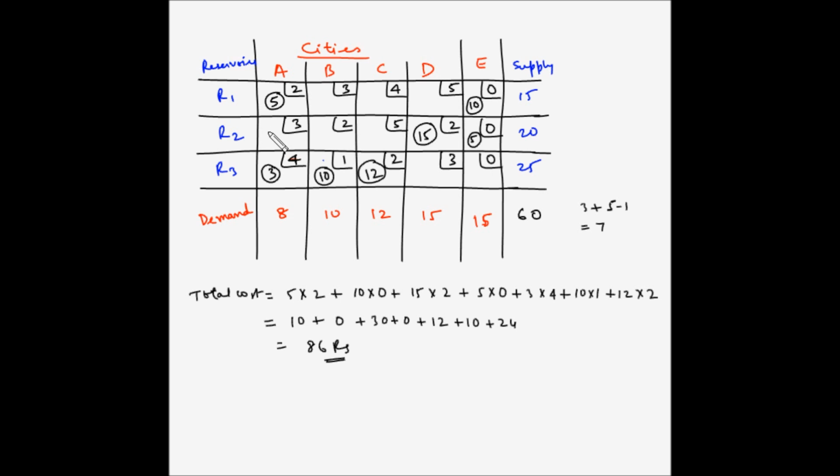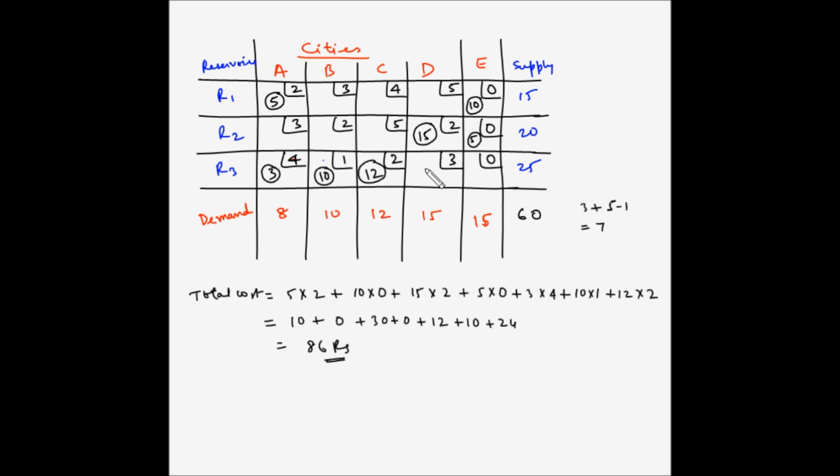Earlier the allocation was at R2A, which was 5. That 5 got moved, and R1E had 15, so it got reduced by 5. That is how we have two allocations now at R1A and R2E. And the number of allocations is now equal to m plus n minus 1.